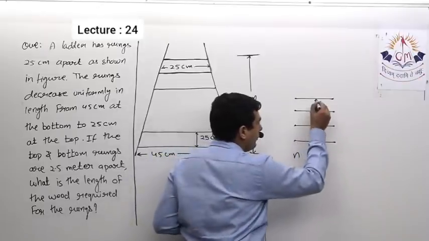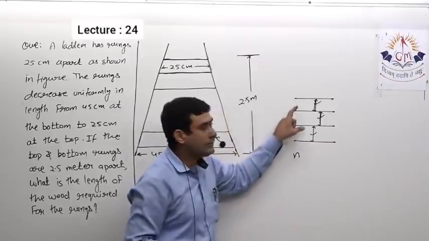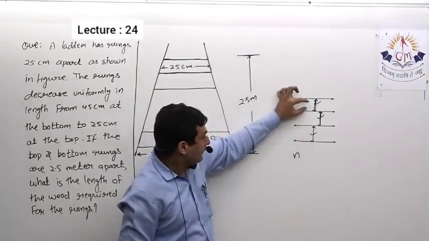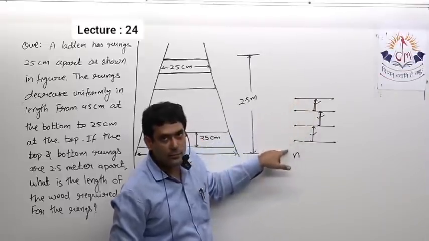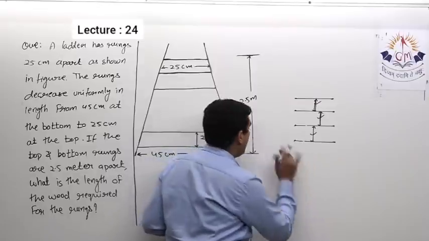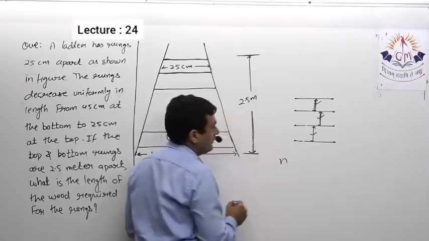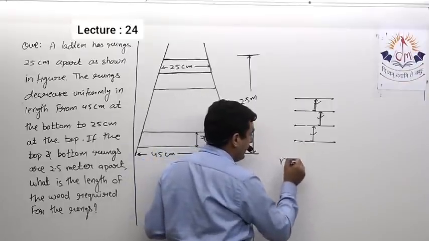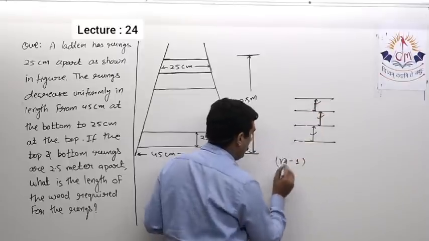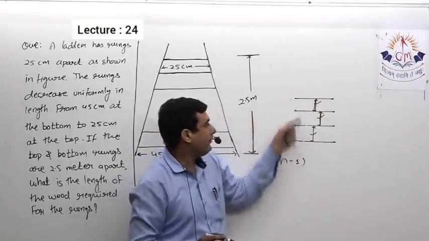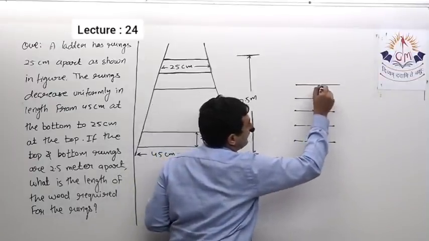One thing more, these 3 gaps are equal distances. So if I add these 3 gaps, I will get the length between the first and the last rung. So if I say there are n rungs, there will be n minus 1 gaps. If there are 4 rungs, there are 3 gaps. If I take 5 rungs, then there will be 4 gaps.